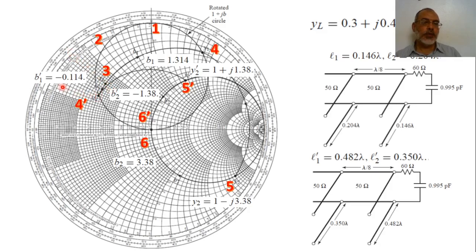Here the load admittance, or y1 dash, has imaginary part less than 0.4. The difference between this point and this point is 0.114. This means that the required susceptance here is minus j 0.114. Minus j 0.114, we have 0 here. Minus j 1.14 is something here, for example.